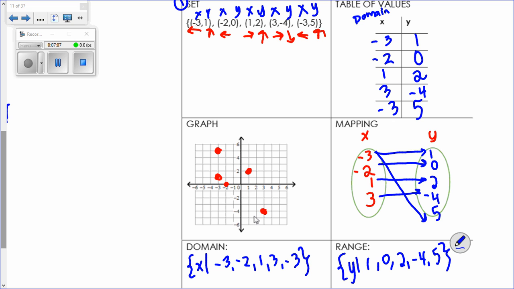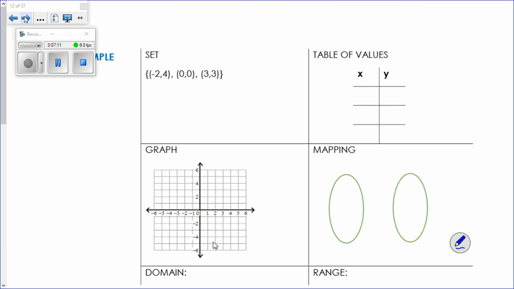Now, the next set, we have 3 ordered pairs. I'm going to go ahead and label them like we did before: x y, x y, x y. And we're going to put these ordered pairs in a table of values. I have -2 paired with 4, 0 paired with 0, and 3 paired with 3. Now, for my graph, I go left 2, up 4.